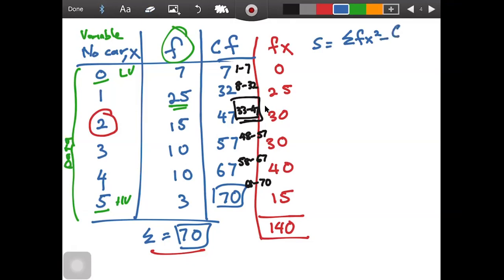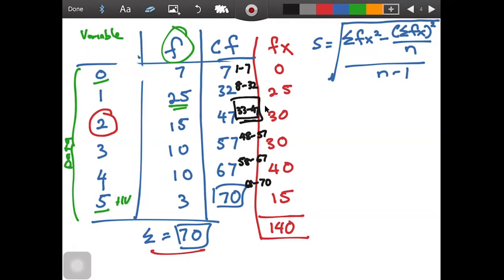So here we need to calculate our x square. Because we lack space, I just use somewhere here.